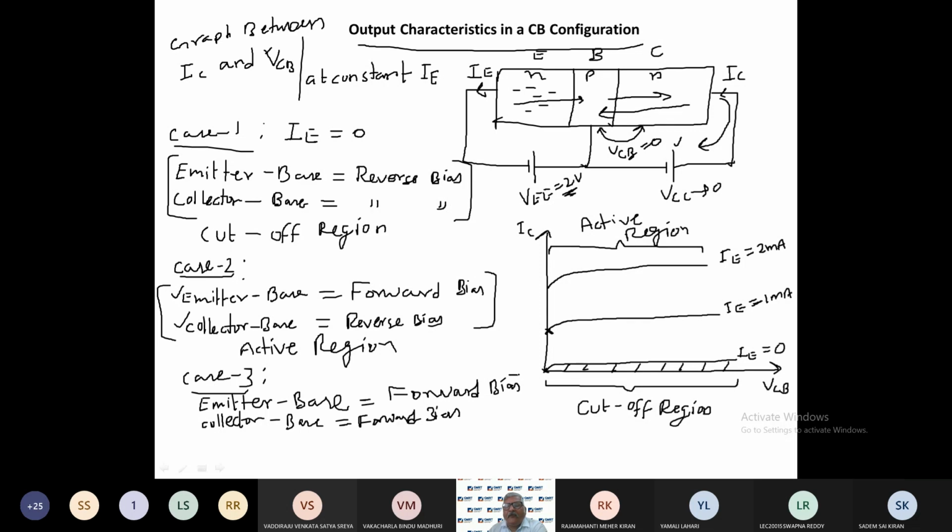Then what will happen? The collector current will slowly become 0 like this.